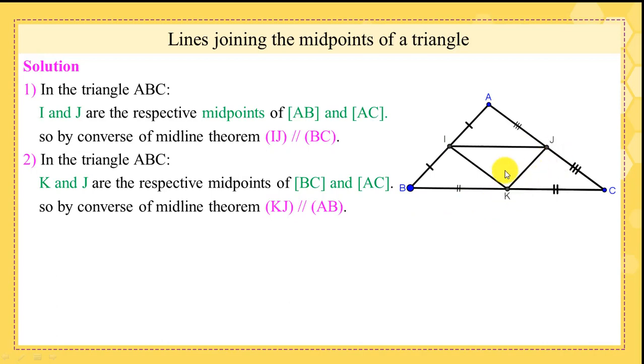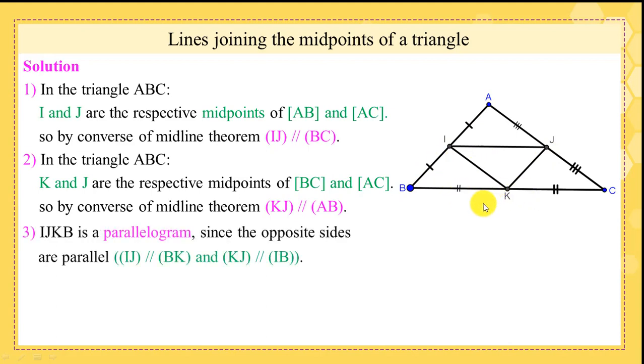Also, JK is parallel to AB, but B, I, and A are three collinear points, so JK is parallel to BI. We have opposite sides of a quadrilateral are parallel, then we have a parallelogram. IJKB is a parallelogram since the opposite sides are parallel, IJ parallel to BK and KJ parallel to IB.